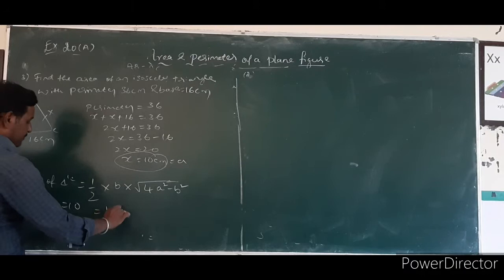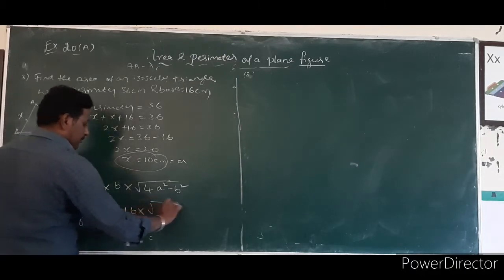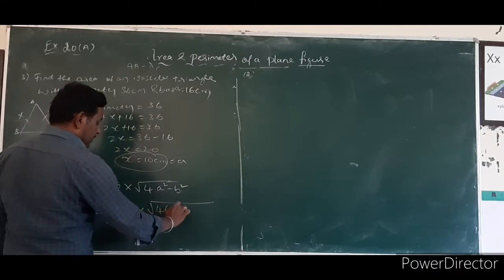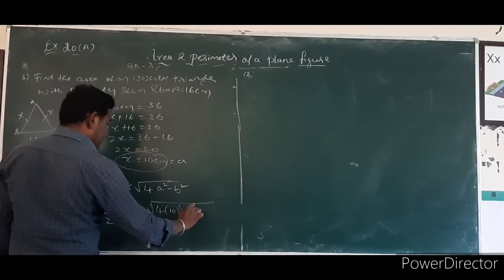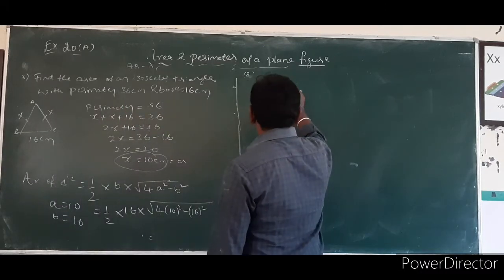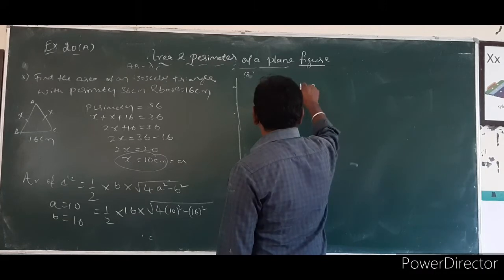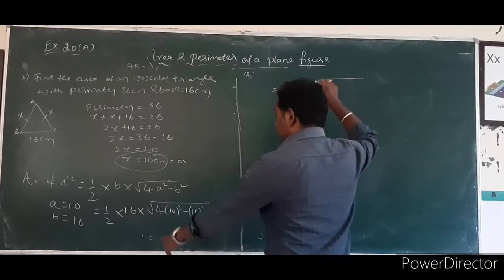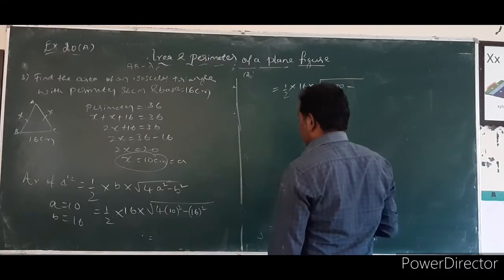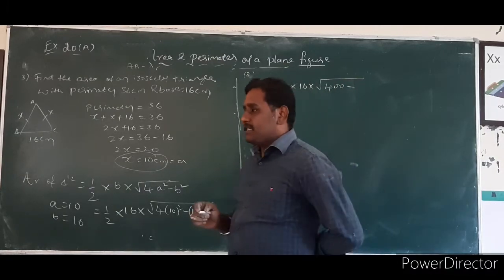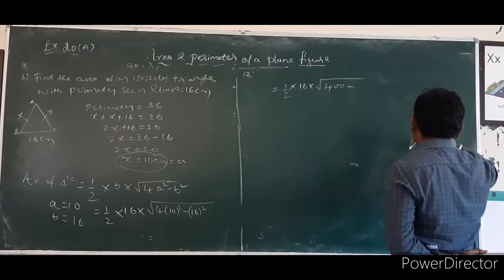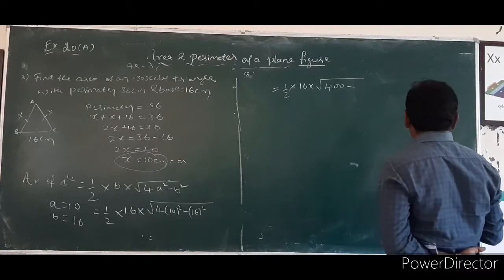That is half into 16 into root of 4 into a square, 10 square is 100, 100 into 4, 400 minus b square, 16 square. 16 into 16, how much? 16 6s are 96.